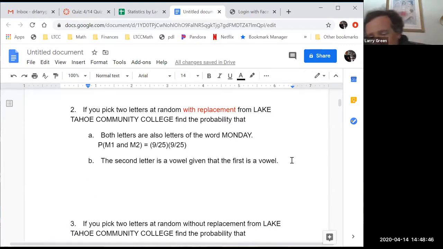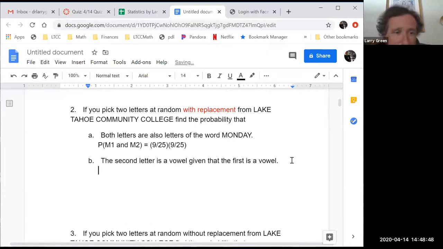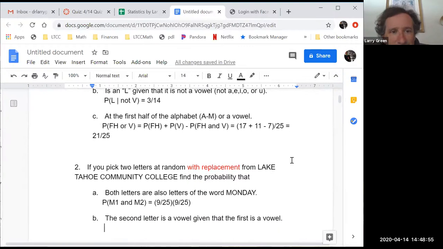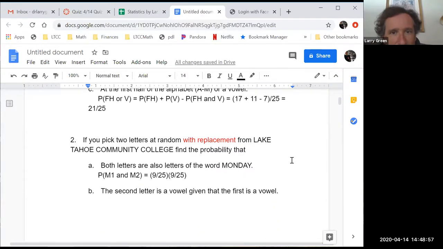Okay. Let's look at B. What's the probability the second letter is a vowel given the first is a vowel? The hint is you shouldn't have to do any work.